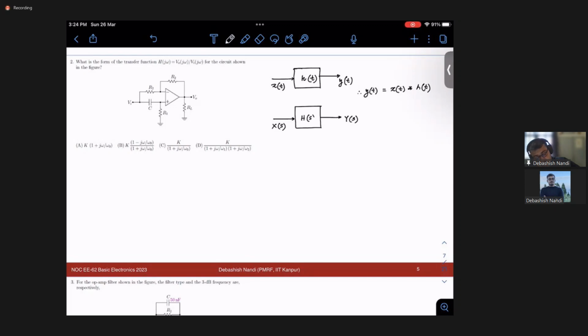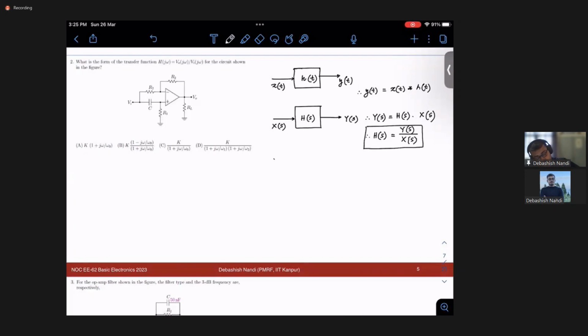Convolution in the Laplace domain is a multiplication, so Y of s will be H of s into X of s. So your H of s is Y of s over X of s. This is what we call the transfer function.